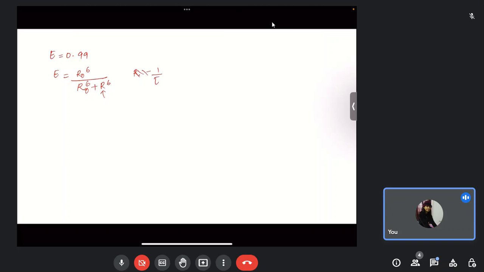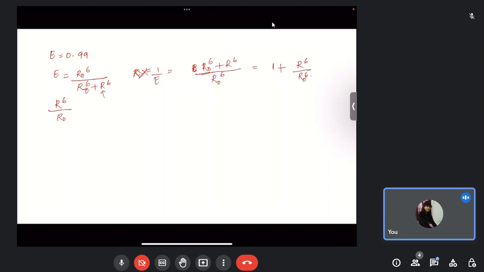I'm just taking the reciprocal on either side. So 1 by E is equal to R0 raised to 6 plus R raised to 6 divided by R0 raised to 6, which is equal to 1 plus R raised to 6 by R0 raised to 6.